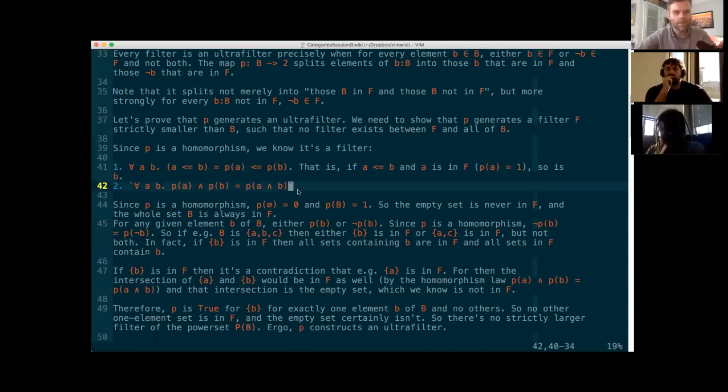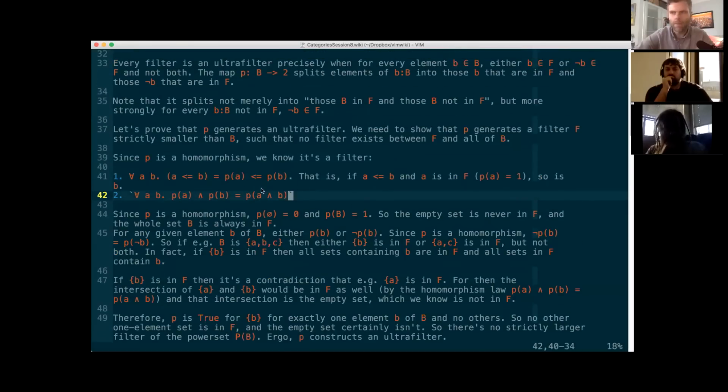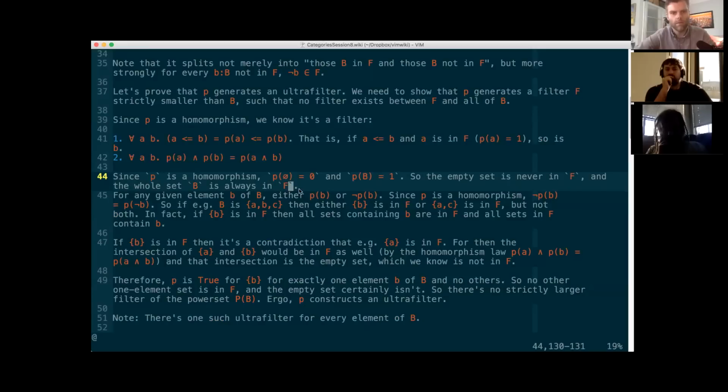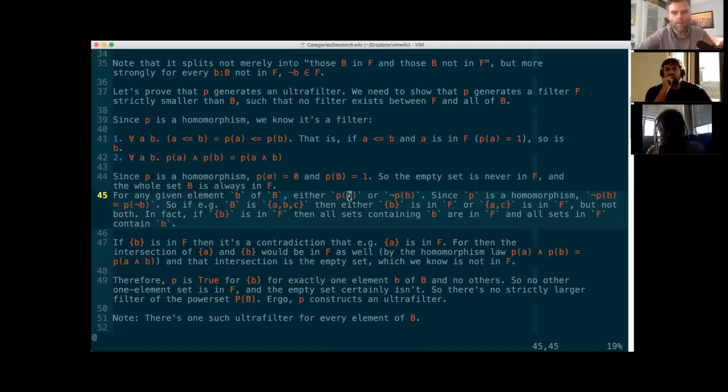So the simple fact that it's a homomorphism proves that it's an ultrafilter, right? So P of the empty set is 0. P of the whole set is 1. Since it's a homomorphism, it maintains this relationship. So the empty set is never in the filter, and the whole set is always in the filter. And then for any given element, either that element is in the filter, or the complement of that element is in the filter.